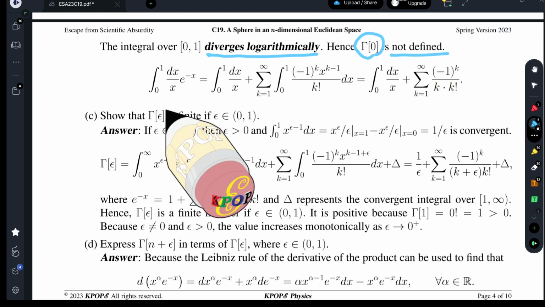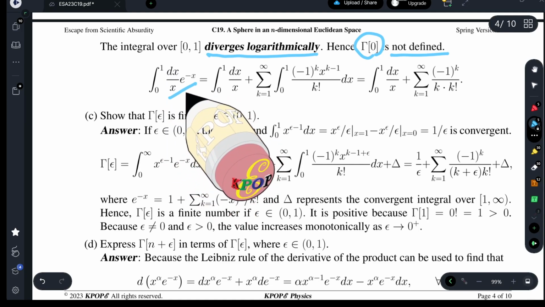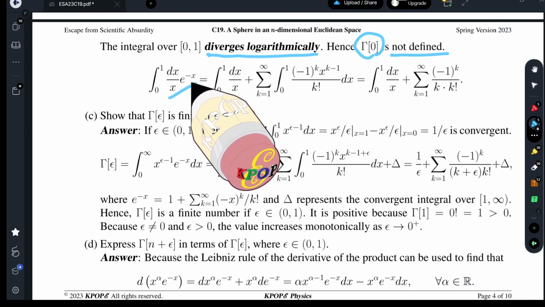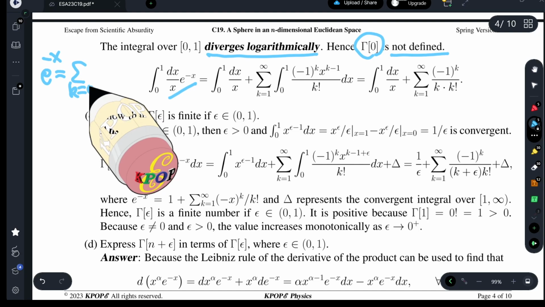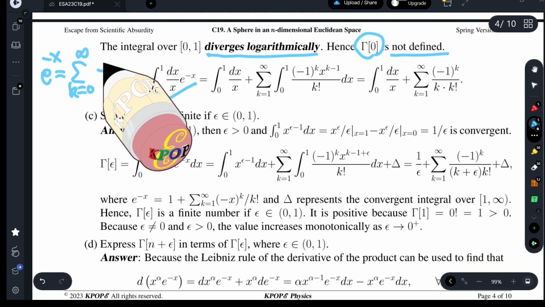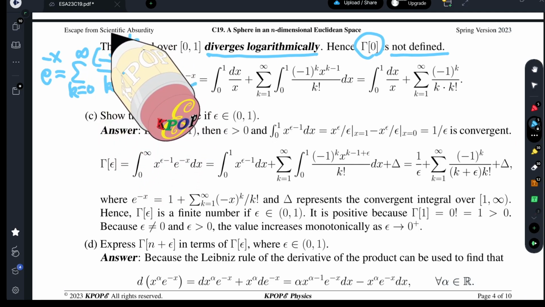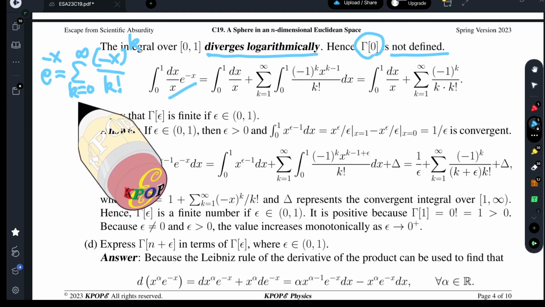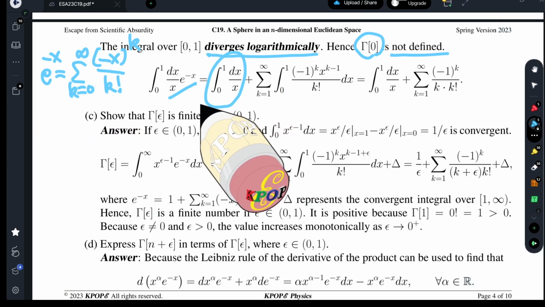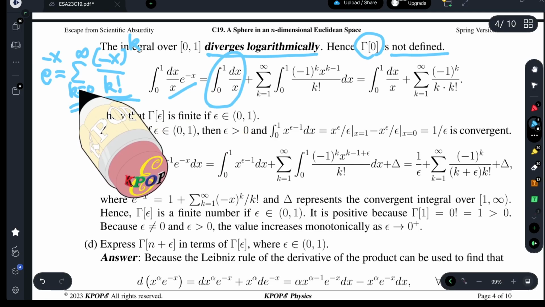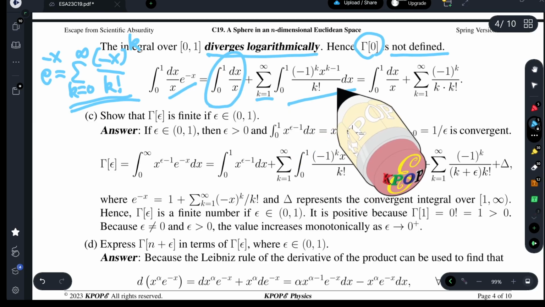Let's see what happens from 0 to 1. This integral can be divided into two pieces. We know exponential of minus x is a sum over k of minus x to the k over k factorial. We single out the first term at k equals 0, and this one becomes this integral. The remaining piece, running from k equals 1 to infinity, can be written in this form.